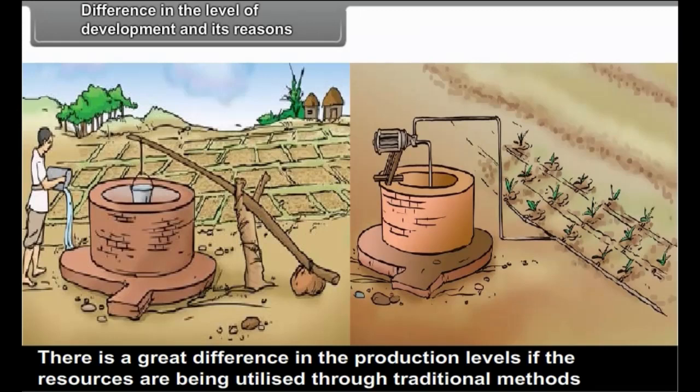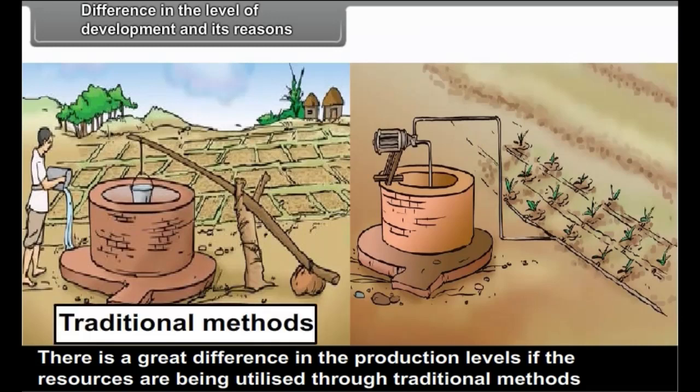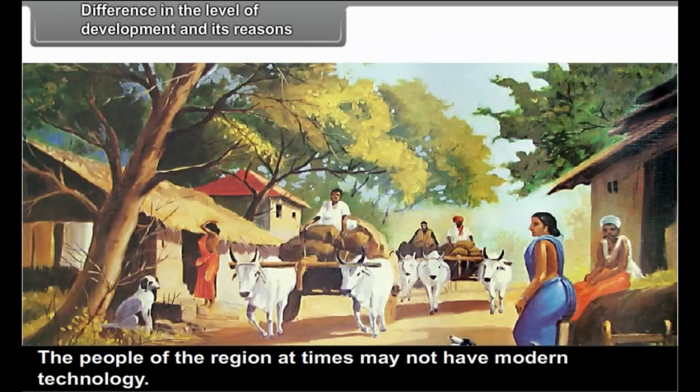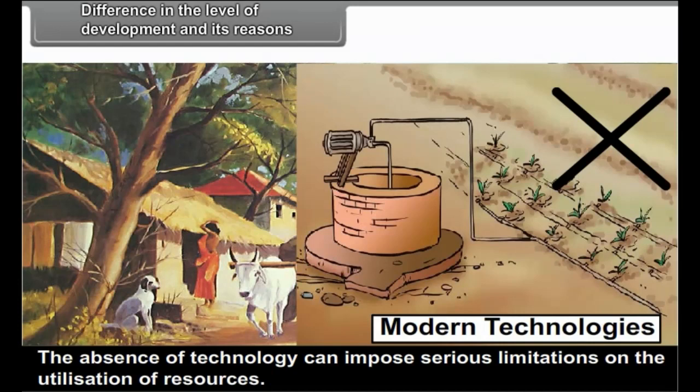There is a great difference in the production levels if the resources are being utilized through traditional methods or by modern technologies. The people of the region at times may not have modern technology. The absence of technology can impose serious limitations on the utilization of resources.